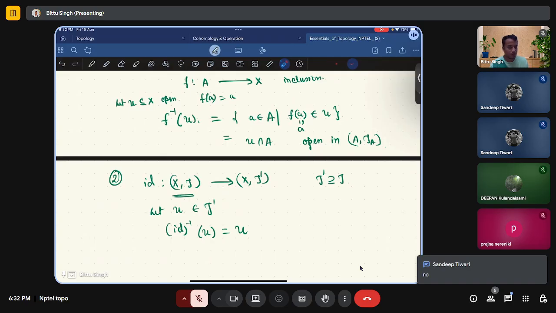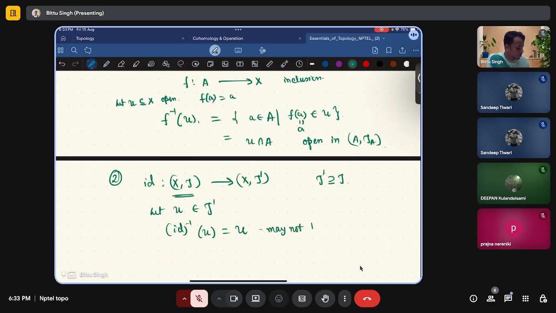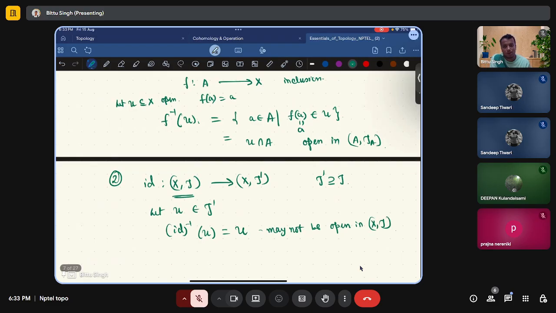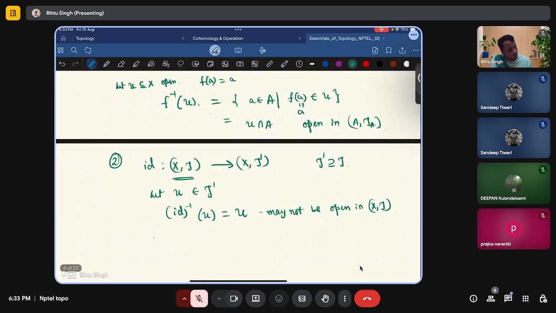No, because it may not be possible; there can be something here which does not belong to this tau, right? So this may not be open in (X, tau). That is, in topology tau, it may not be open. Therefore, the conclusion cannot be made.